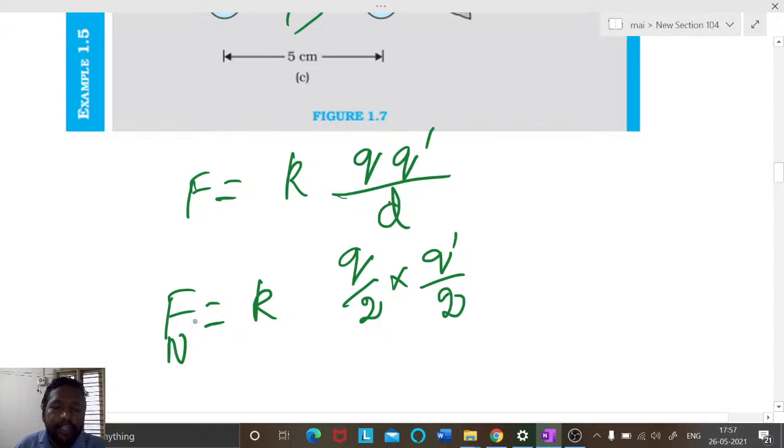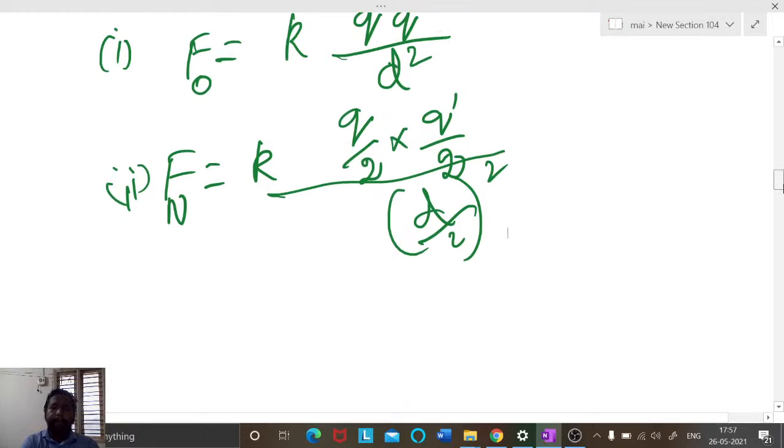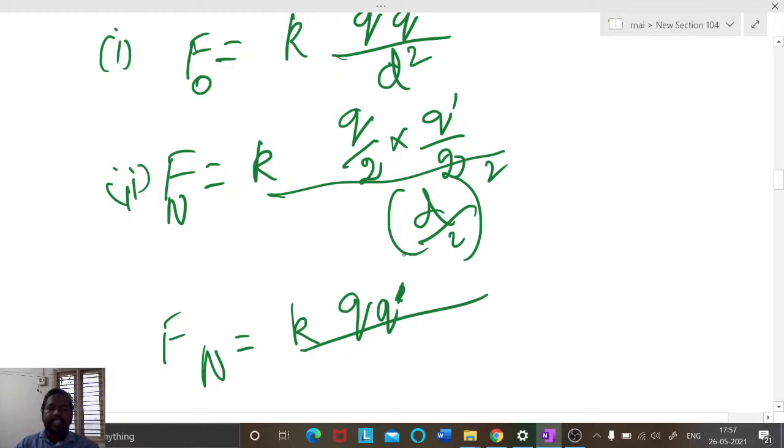It is force new, and it is force old. It's case 1 and case 2. The distance becomes D divided by 2, the whole square. Here only you need to know how the solution is going to be. For the new situation, K Q Q dash, just direct multiplication: 2 twos are 4, and D square with 2 square will be 4.